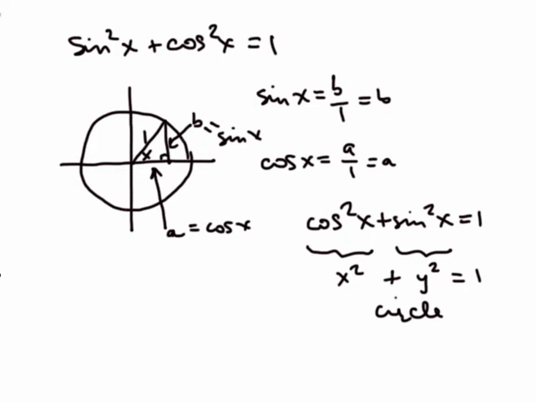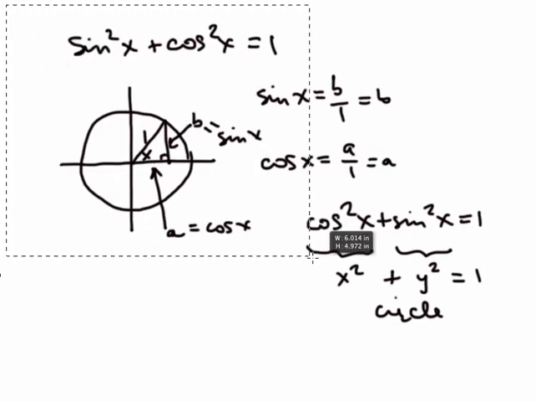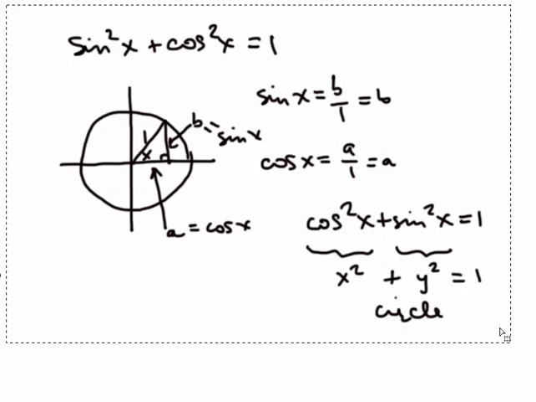So in a similar way, hyperbolic sine and hyperbolic cosine obey a similar though slightly different identity. You end up getting that cosh squared minus sinh squared equals 1 here.